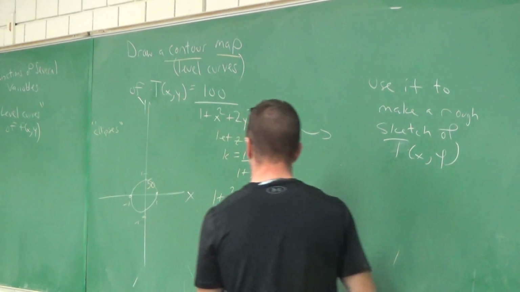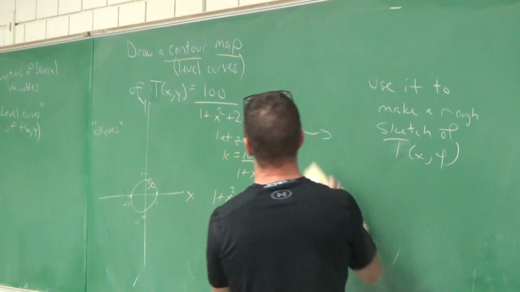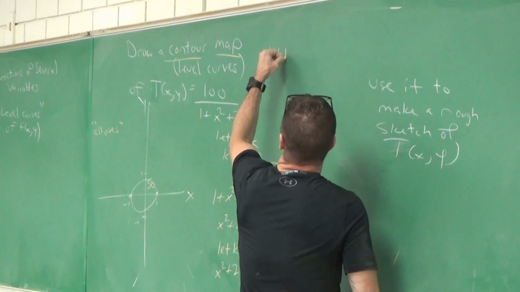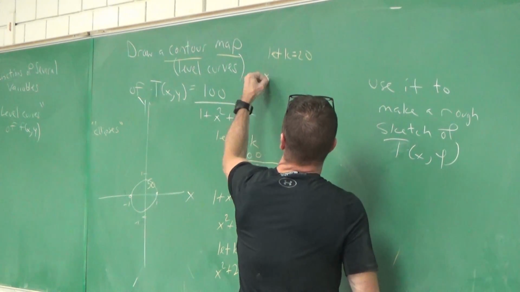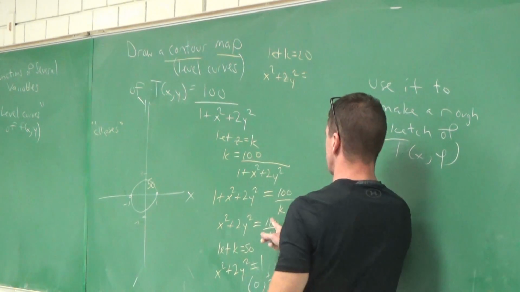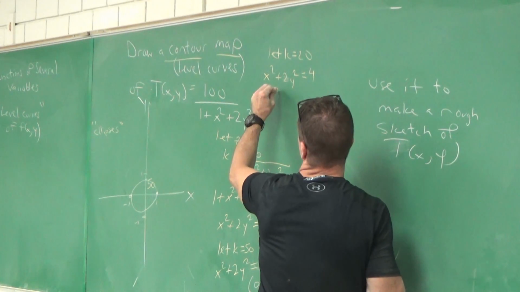Hey, we need another K value. 20. I like that too. Let K equal 20. I get x squared plus 2y squared equals 4. Now let's sketch this. What's going on at x equals 0?